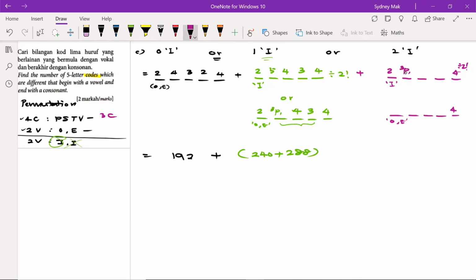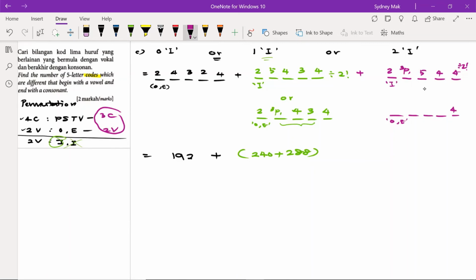And the O and E, we have not made any choices, so 2 vowels here. So all in all, we have 5 objects for us to fill the 2 empty slots here. So this one will be 5 choices, 4 choices. That is when I is in front.